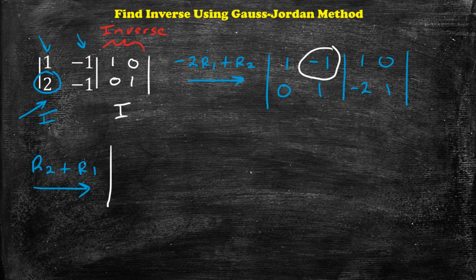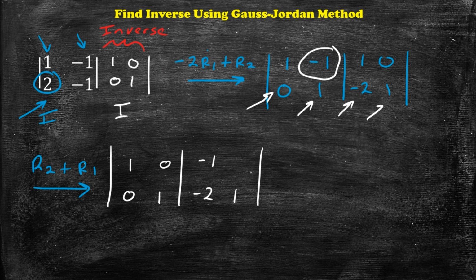So row 2 stays the same, 0, 1, -2, 1. And then when we add them together, we're looking up here. 0 plus 1 is 1. 1 minus 1 is 0. -2 plus 1 is -1. And then 1 plus 0 is 1.